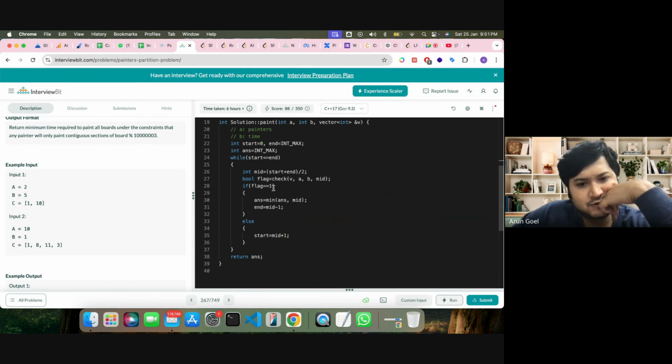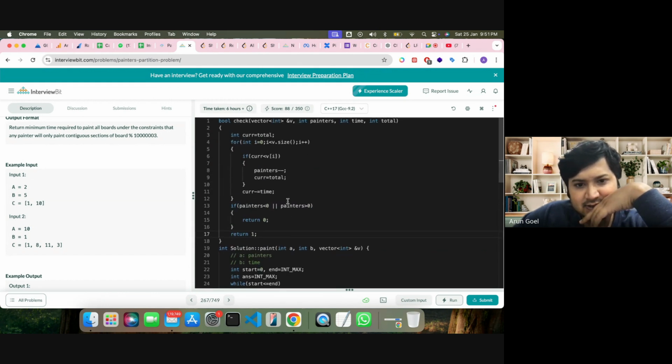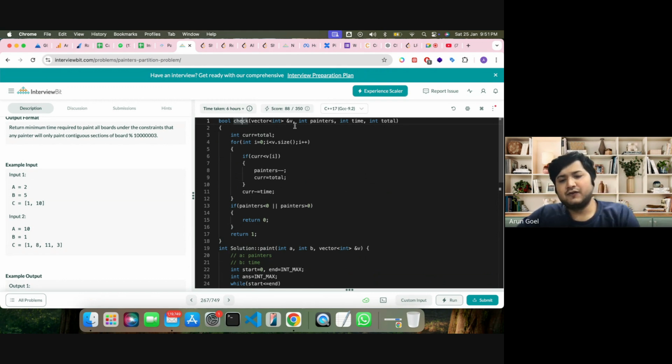Flag equals to 1, then answer is equal to minimum of this and end equals to mid minus 1, नहीं तो ये हो गया. I think there's some issue that we are doing here only. The boolean check where we are passing in vector v, then we are passing painters, total number of painters, then we are passing time taken for one board, right?